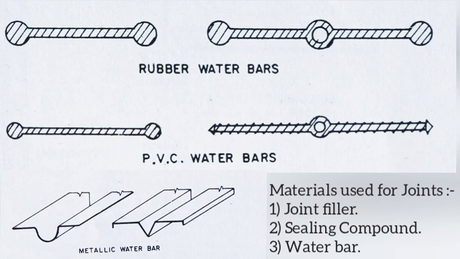The function of water bar is to seal the joint against passage of water. The water bar may be of natural and synthetic rubber, polyvinyl chloride, or of metal.